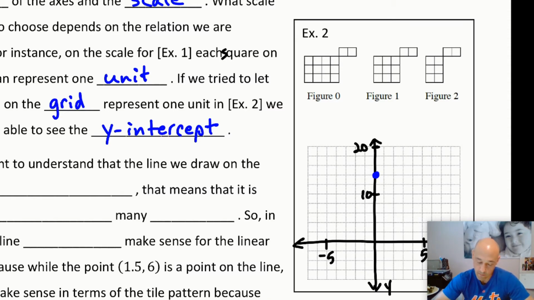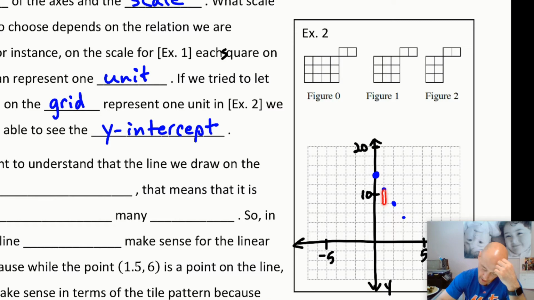All right, so figure 0 has 14. Figure 1, there are 3 less. So 9, oh, excuse me, I've got to remember my scale. 3 less is right there. Figure 2, 3 less. And it keeps going down like that. I've got to make sure that I get it in the right place. It's really important. Because each grid is worth 2, this is 8.